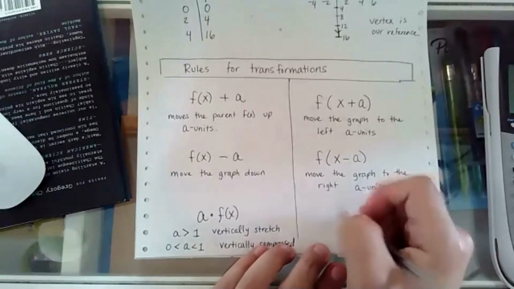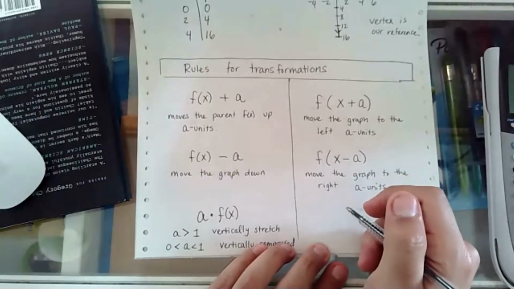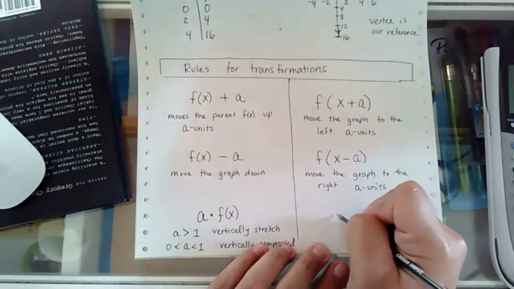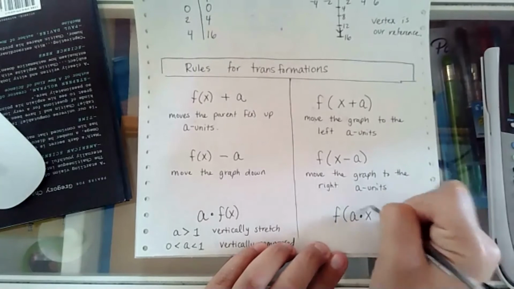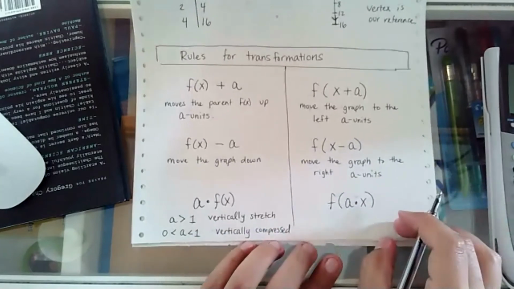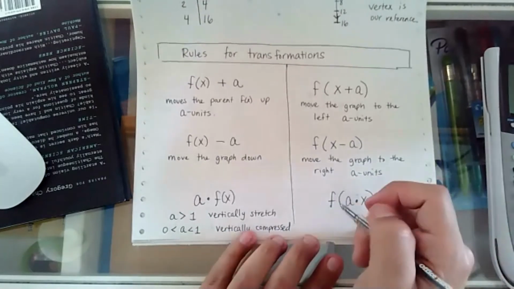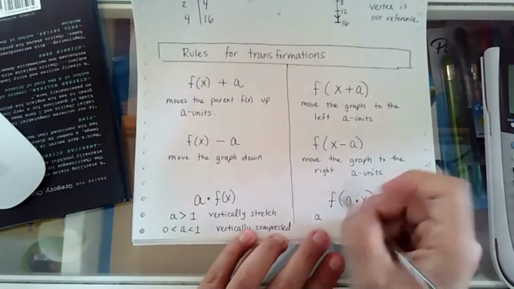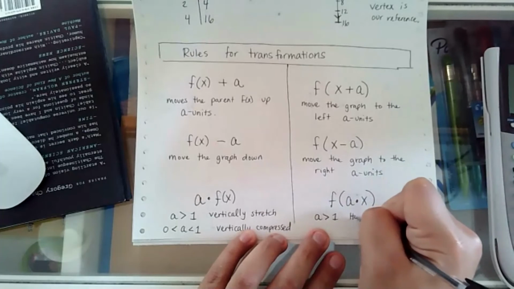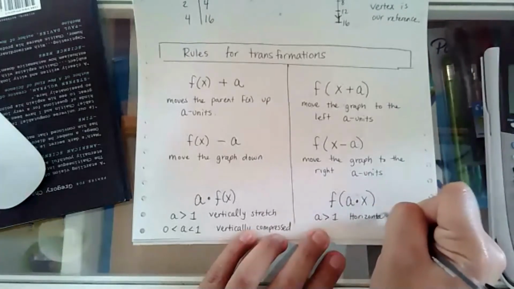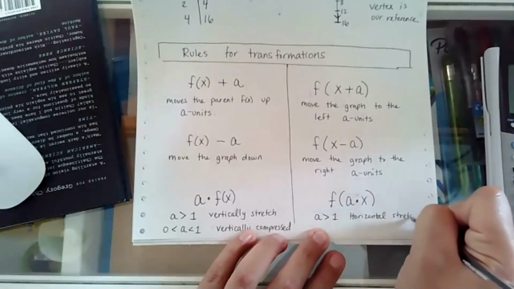Okay. Then the other thing we could do is if we multiply the input by a number, then if a is greater than 1, this would be a horizontal stretch.